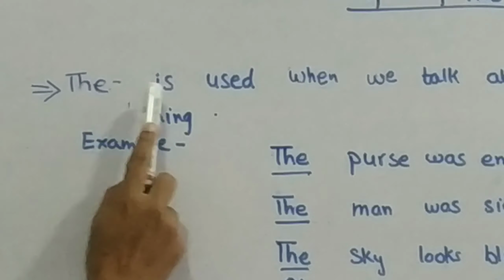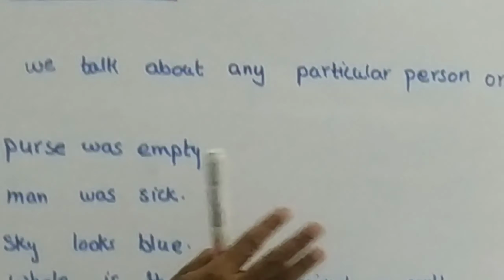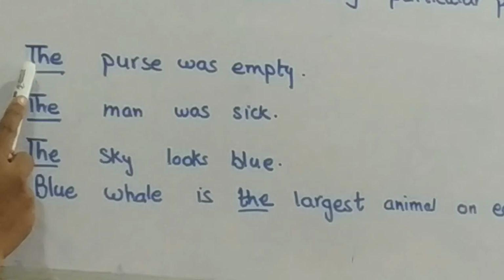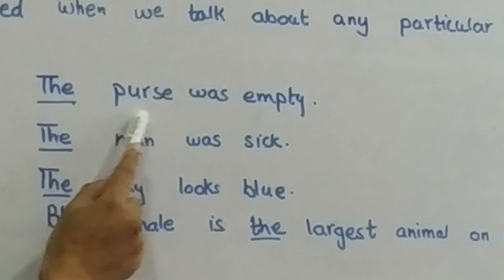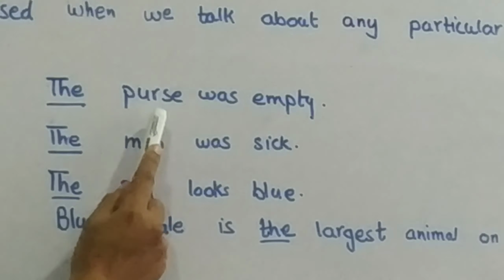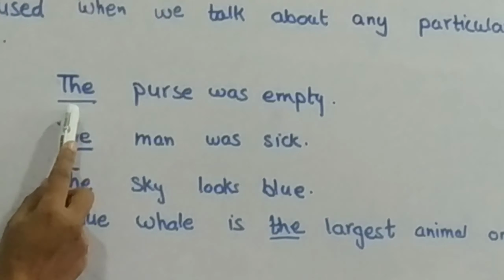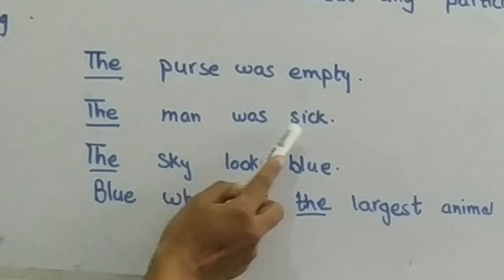Now the. When do we use the? The is used when we talk about any particular person or thing. For example, the purse was empty. Here I am talking about a particular purse which I know. Okay. So what will I use? The. The purse was empty. The man was sick.